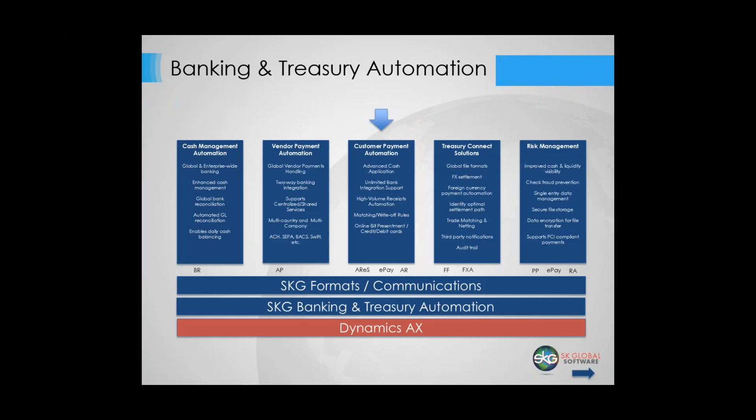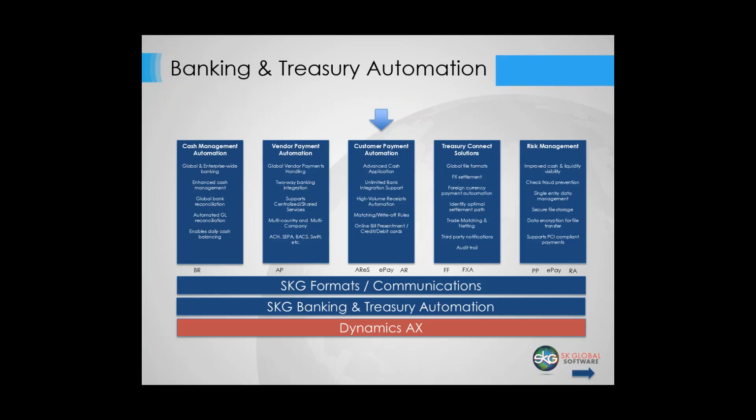Jonas has already talked about the extensive file formats across the globe. And then the customer payment automation, where we're going to focus today, of course, on Advanced Cash Application. Also in this area, we have a web portal for customer payments where customers can actually pay via credit card. And we also have the direct debit, or what we call AR-EFT.